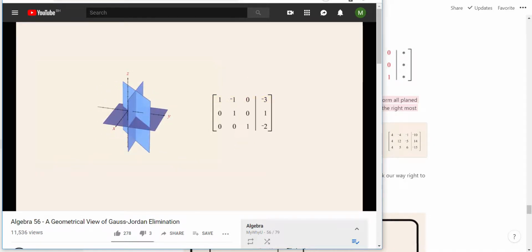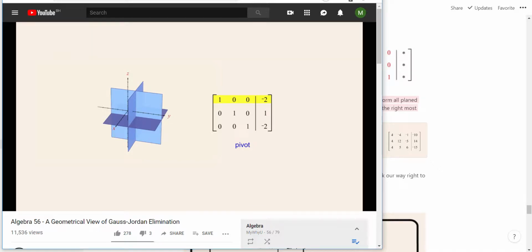To finish the row reduction process, we move to column 2 and zero the top entry using a pivot operation to add 1 times row 2 to row 1. Since this pivot operation added row 2 to row 1, plane 1 rotates around its line of intersection with plane 2.